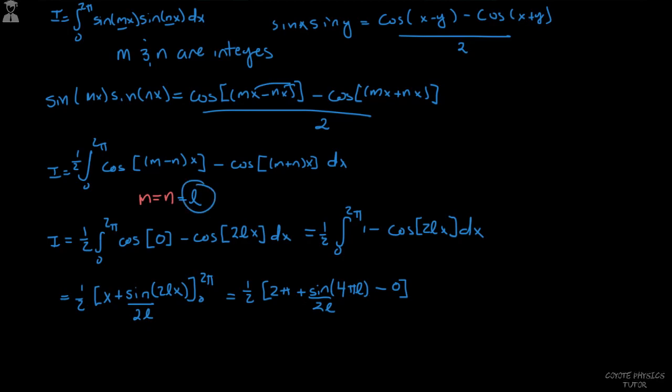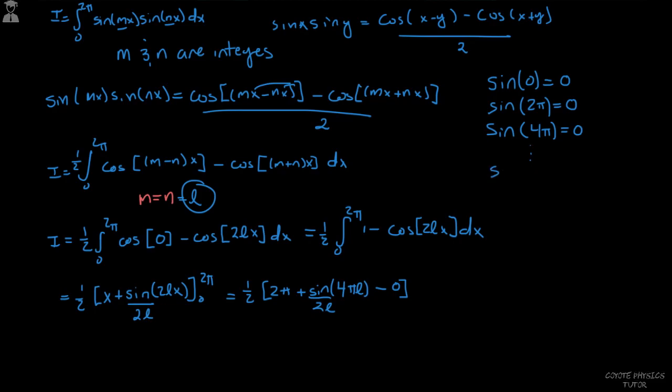That means that the 4 pi L is actually an integer multiple of 2 pi. And if you think about it, sine of 0 is going to be equal to what? Well, 0. Sine of 2 pi is going to be equal to 0. Sine of 4 pi is going to be equal to 0.